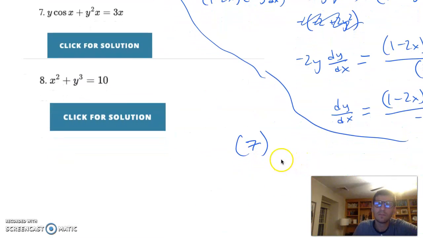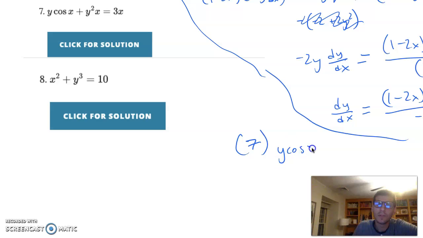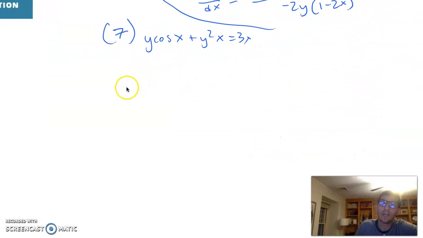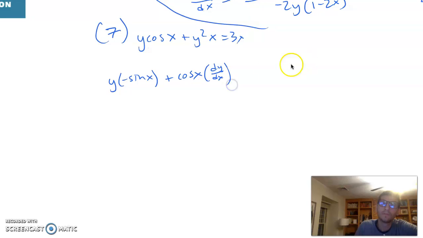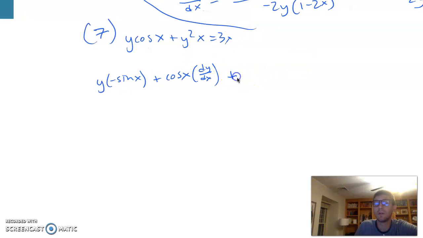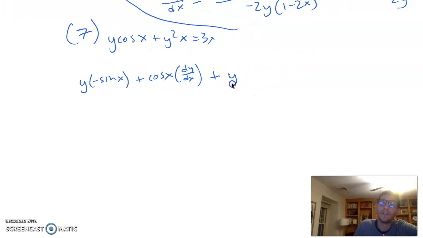7. y cos of x plus y squared x equals 3x. Differentiate both sides. Product rule: left d right plus right d left. And then I gotta do another product rule: left d right.